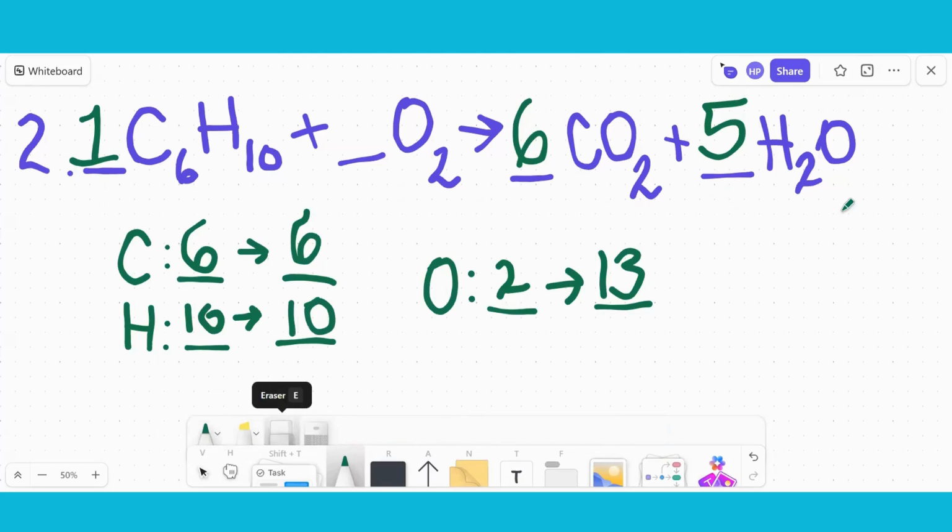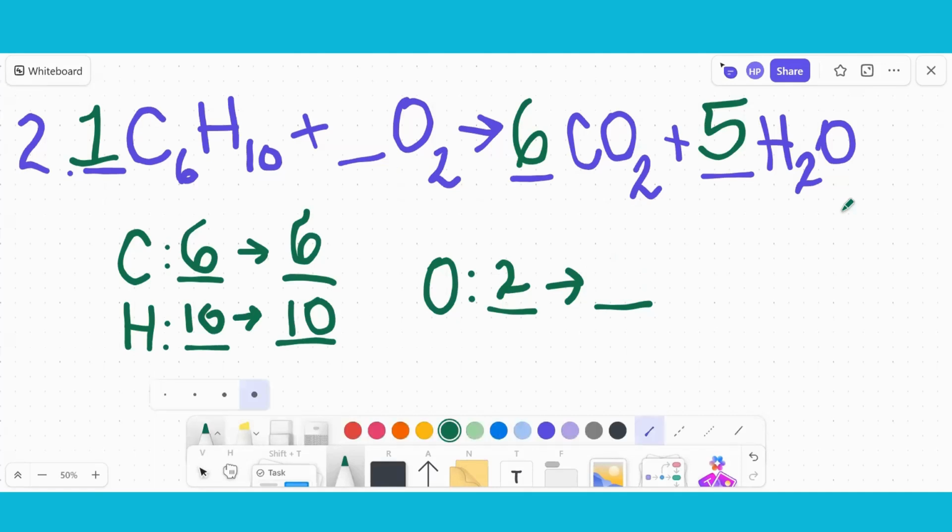At this point, our hydrogen and carbon are very well matched, but we need to look at our oxygens again. On the left side, my O2 has not been changed, so there's still only 2. On the right side, remember we have 6 times 2 for carbon dioxide, 5 times 1 for water. So that's 12 plus 5, which is 17.